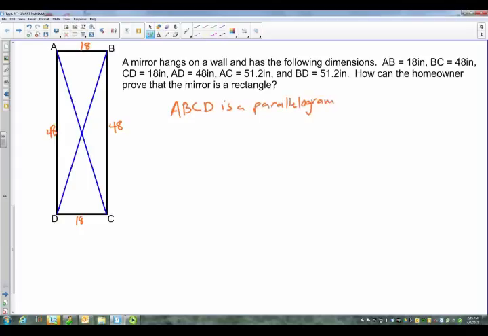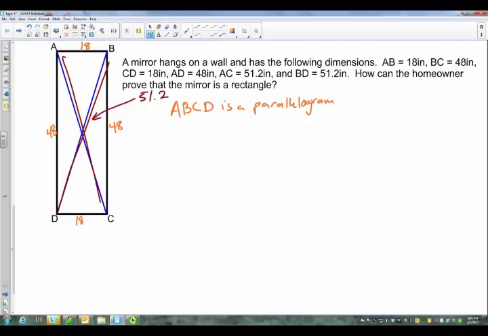Okay, so that's what we know for sure. Now it also tells us that AC is 51.2 and BD is 51.2. So both of these diagonals in here, so both of them are 51.2.